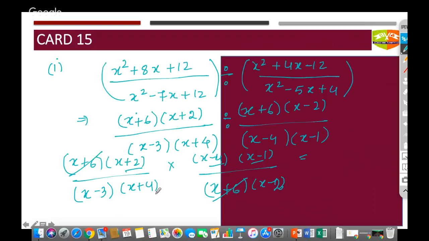In the denominator, x minus 3 x plus 4 and x minus 2. So you can write x plus 2 x minus 4 x minus 1, and then you can write x minus 3 x plus 4 and x minus 2. This is what the answer would be.